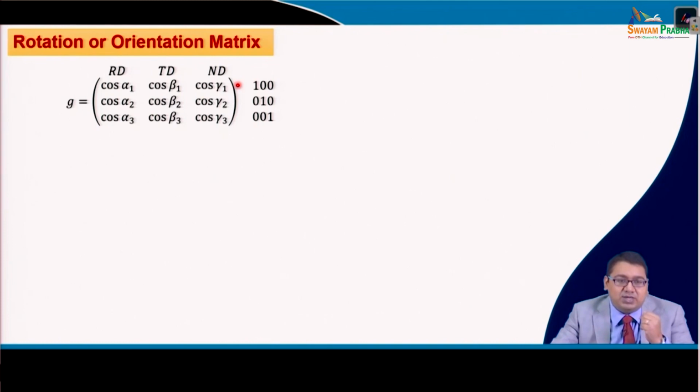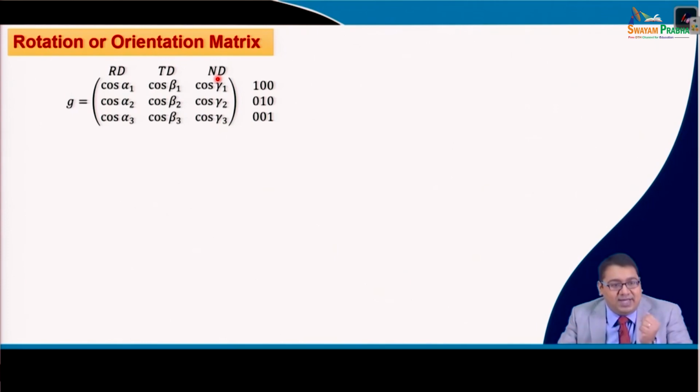In this way, when the transverse direction is related to the crystal coordinate system 1 0 0, it becomes cos beta 1, and when the normal direction ND relates the angular relationship with 1 0 0, it becomes cos gamma 1.